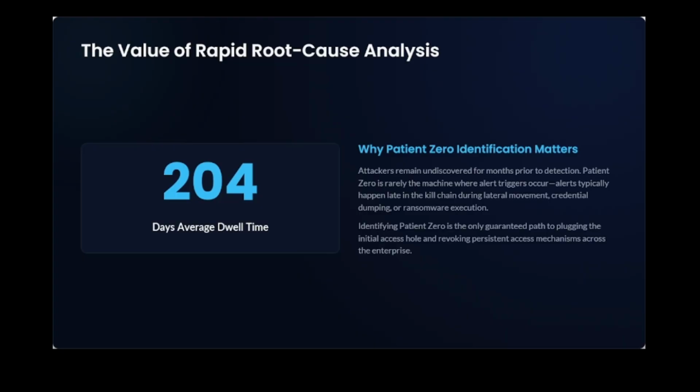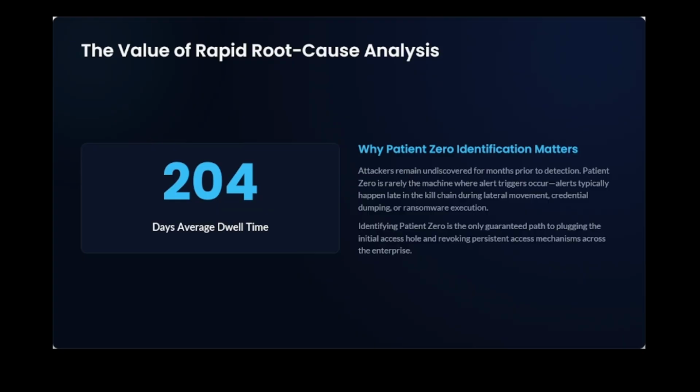Well, given that the average dwell time, and this is constantly changing, is around 204 days. What that means is that the attackers have been sitting in the network for around 200 days or so, give or take, prior to detection. They were there. They were lurking.